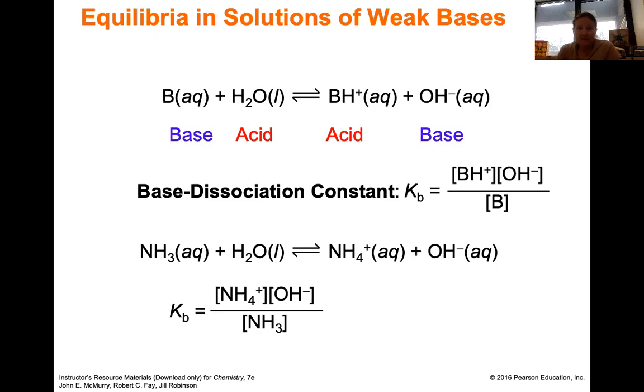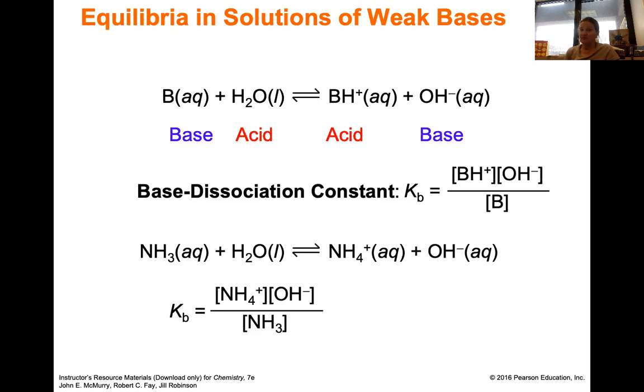Okay, so we need to talk about weak bases. It's all the exact same concept of equilibrium. If we have a weak base reacting with water, water is going to act as the acid. The base will pick up a proton and leave behind OH minus. So it's an equilibrium constant for that reaction.